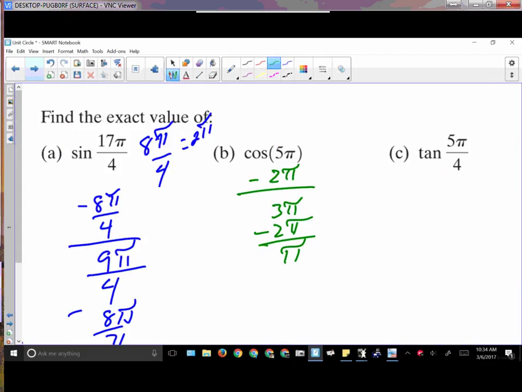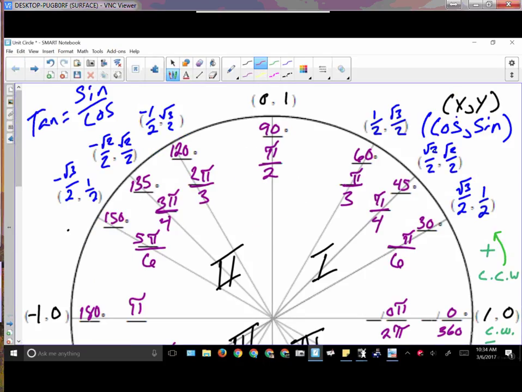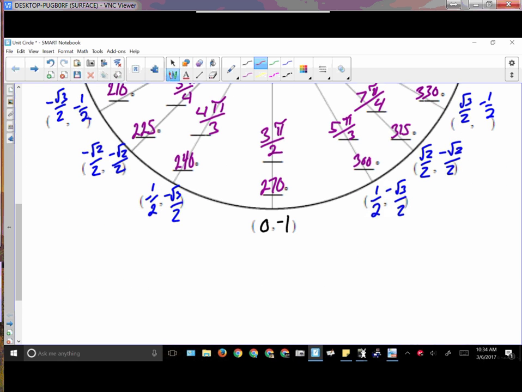So because it has a period of pi, I can subtract off 4 pi over 4. I would be left with just pi over 4, which gives me the value of square root 2 over 2 over square root 2 over 2, which is 1, and same thing down here. So it repeats itself every pi.